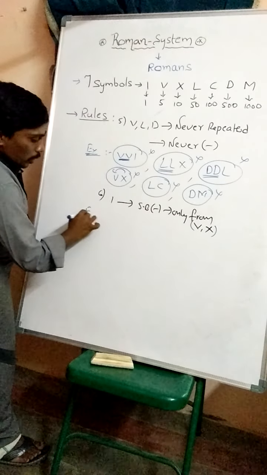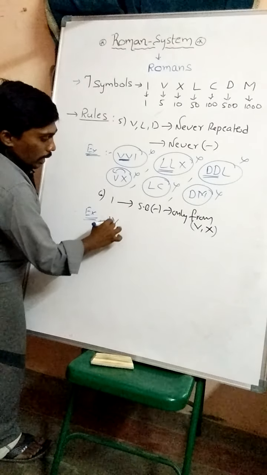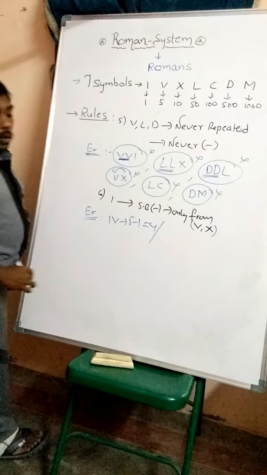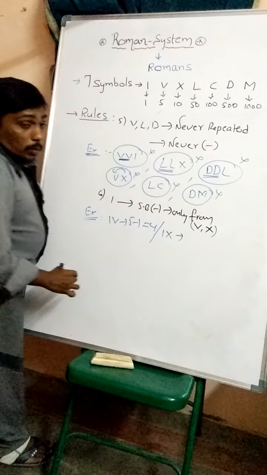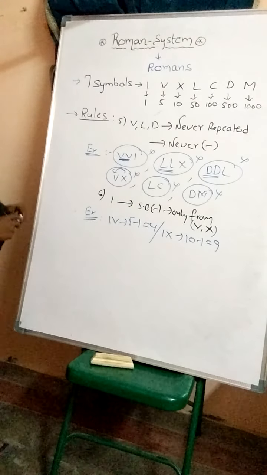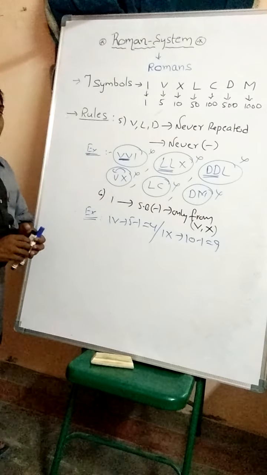Let us see one example here. I is subtracted from V: 5 minus 1 is equal to 4. In the same way, I is subtracted from 10: 10 minus 1 is equal to 9. These are the two possibilities: subtraction of 1 from V and 10 only.